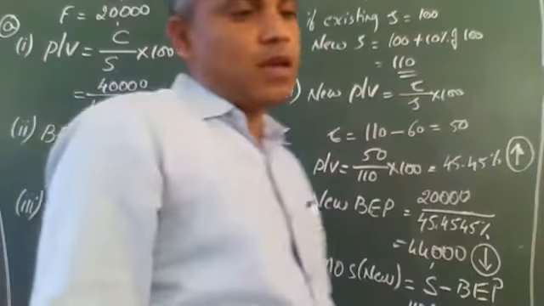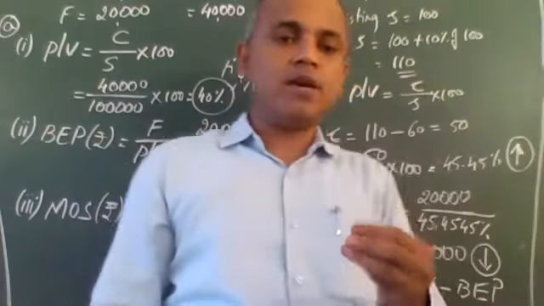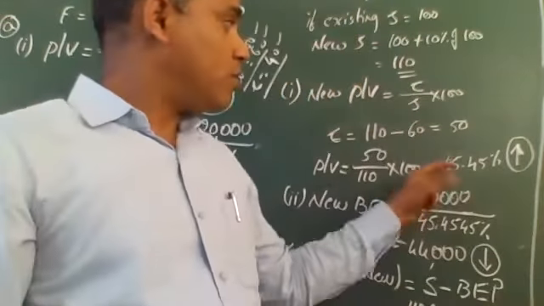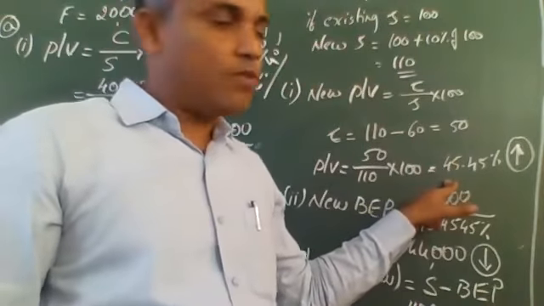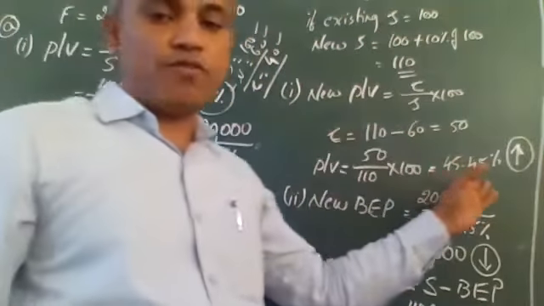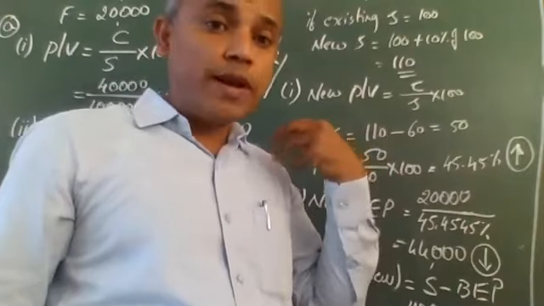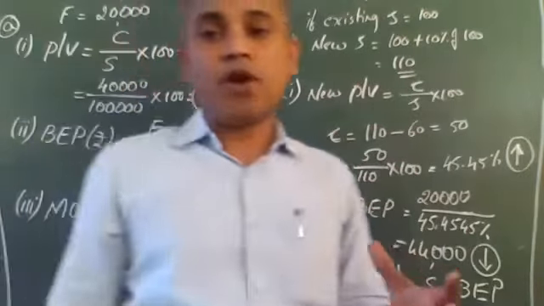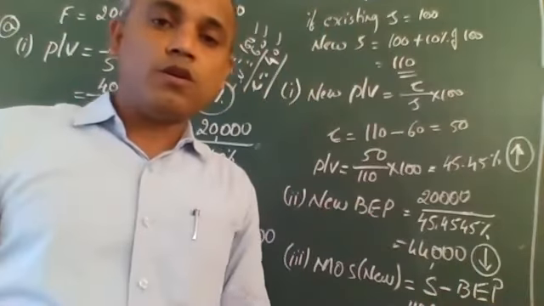So, what does the management have to do with all these things? Management says if I am increasing my sales by say 10%, I am actually increasing the contribution percentage. From 40 it has become 45.45. I am able to reduce the break-even point. You know what the break-even point is? It is a point where there is no profit, no loss.